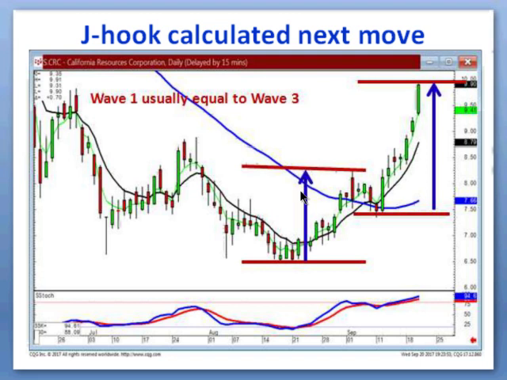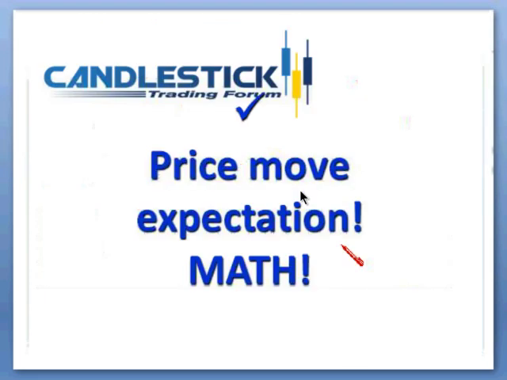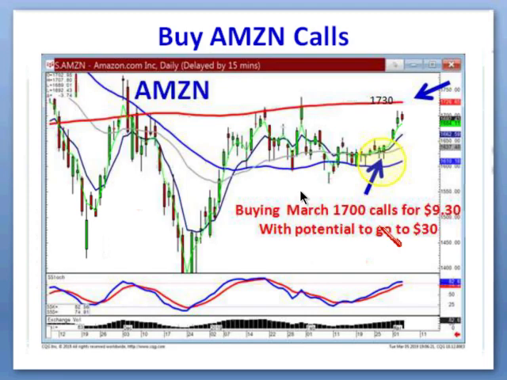So when we have price move expectations, we want to add the math factor. If I'm buying the March 1700 calls in Amazon right here, with my expectation that it's going to go up and hit the 200-day moving average, that means I'm paying $9.30 to go up here, so those options go to 30.